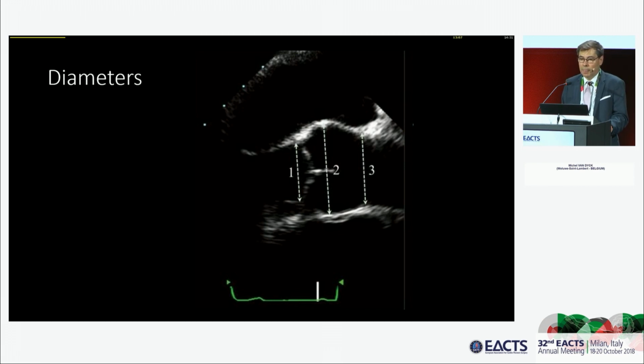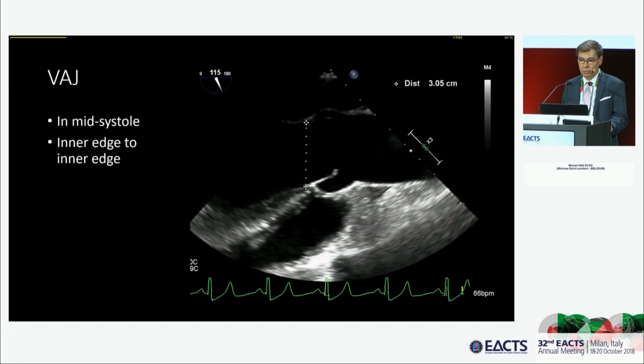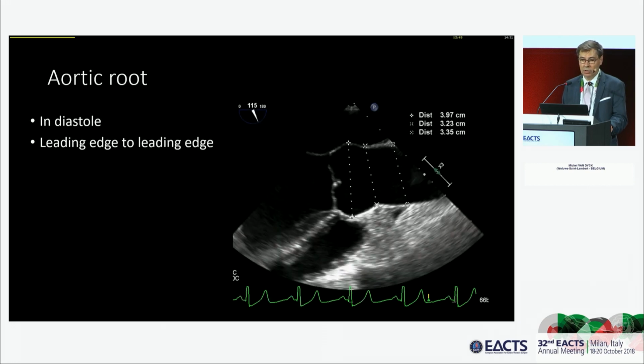And when we as echocardiographers perform these measurements, we base them on the transthoracic echo recommendation that asks us to measure the VAJ in mid-systole and from inner edge to inner edge, while when we have to measure the other diameters of the aortic root, we should do this in diastole and from leading edge to leading edge.